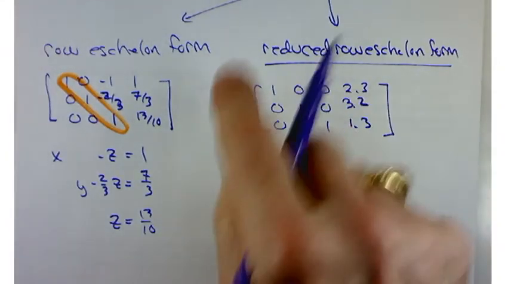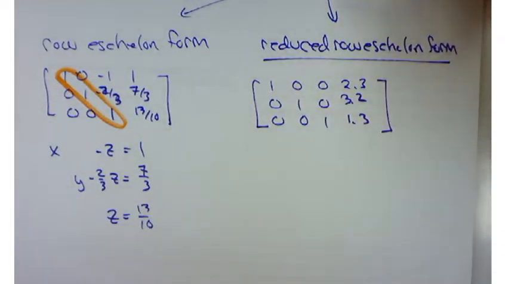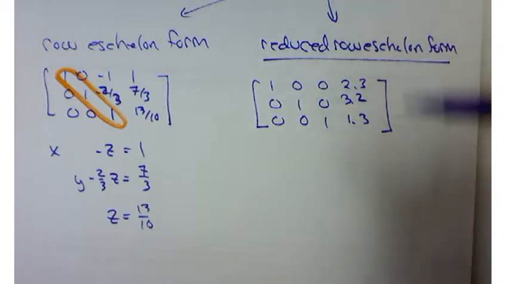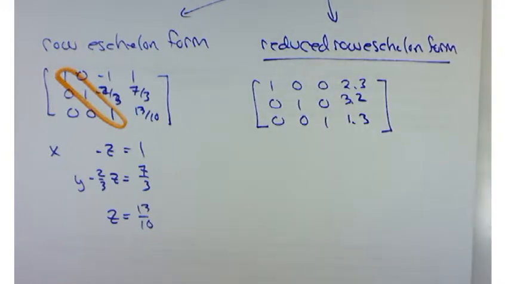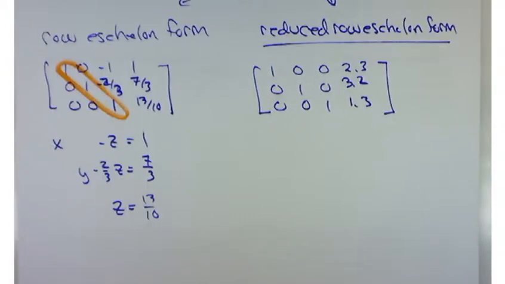So if by some magic you went a little further and were able to put our augmented matrix into this form, now write down what that system of equations says. What does that correspond to in terms of x, y's, and z's? Sure.